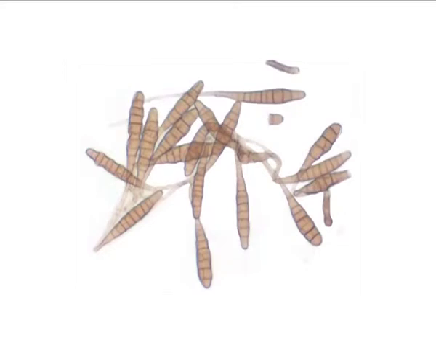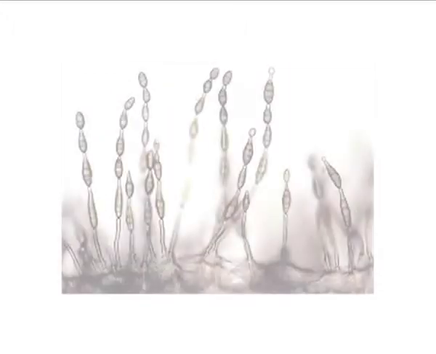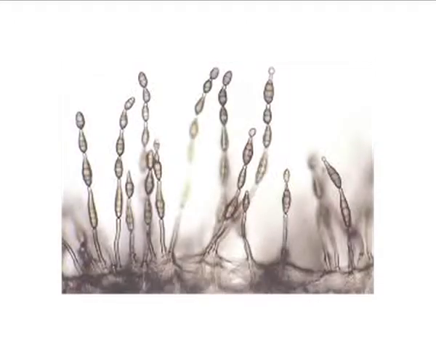Conidia are single-celled, muriform, non-catenate, which means solitary conidia with long filiform beak. The conidial septation with 5 to 10 transverse septa and a few longitudinal or oblique septa.